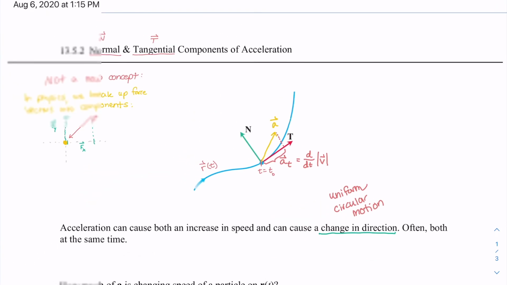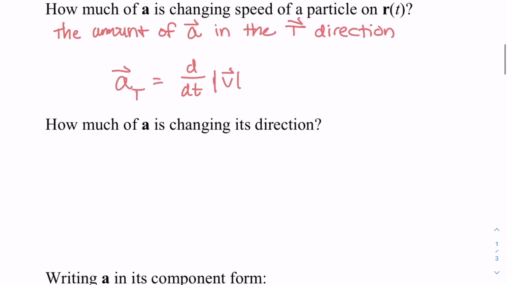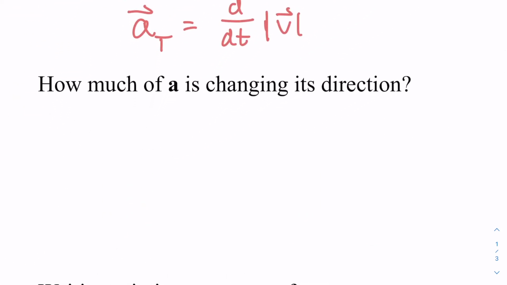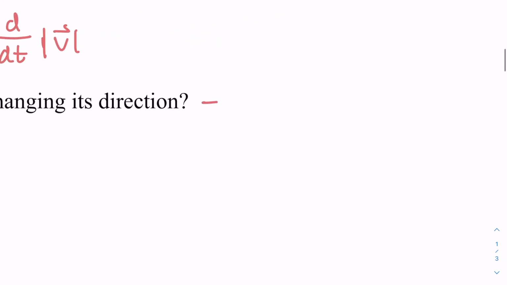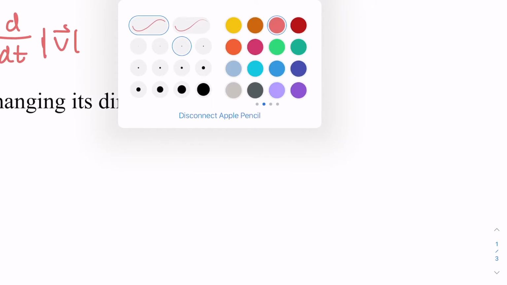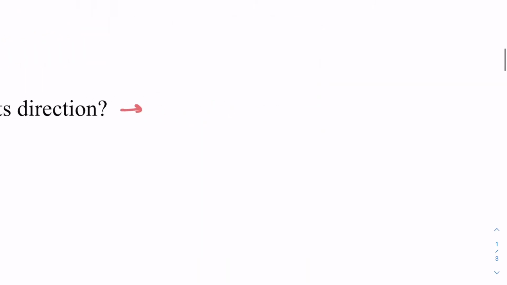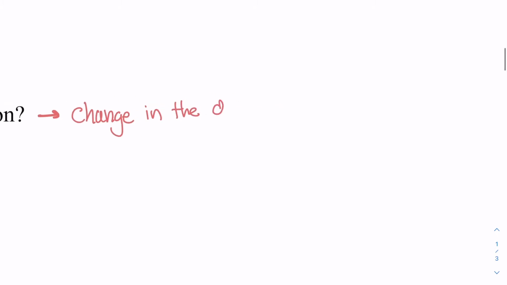And now if we wanted to study how much of the acceleration vector is causing a change in direction, that, in other words, could be called a change in the direction of the velocity, or the unit tangent vector.